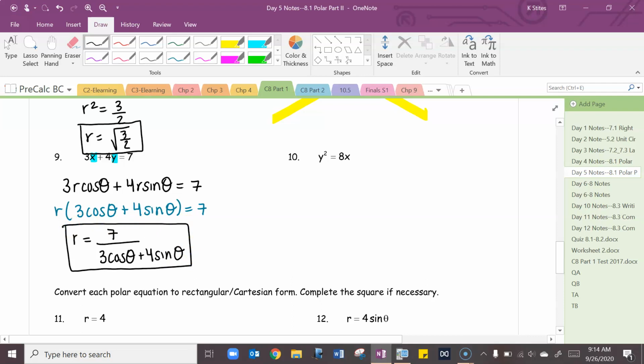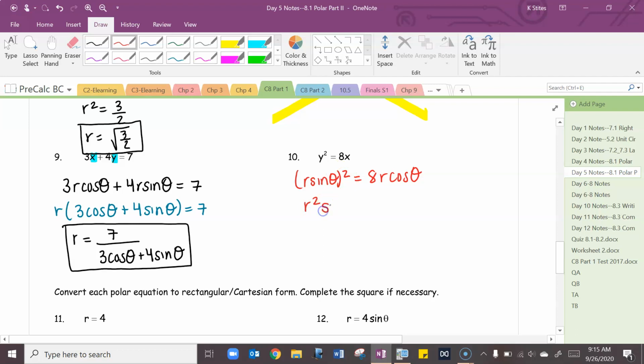All right, and then again, we can do something similar for this last one of these. Our y is just r sine theta, but it's being squared. And our x is r cosine theta. This one we need to be careful with because again, we're trying to get r by itself. When you square, you're squaring both the r and the sine theta.